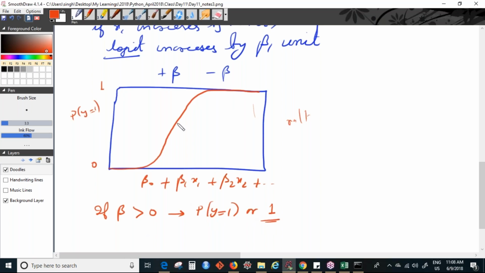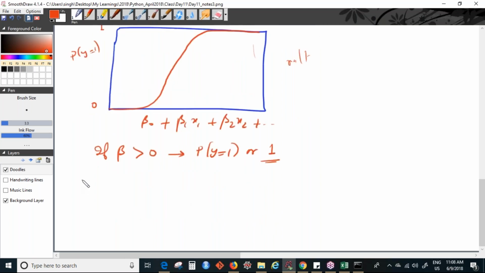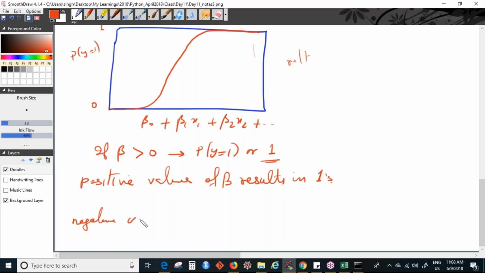So this means that positive values of beta results in ones. Similarly, negative values of beta results in zeros.